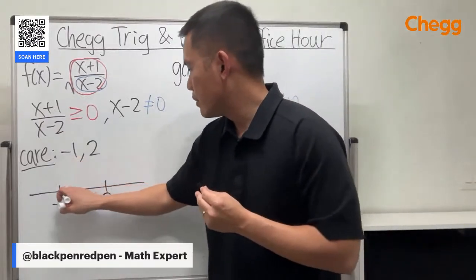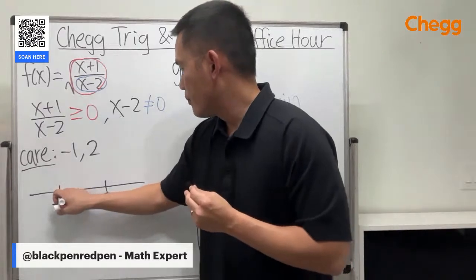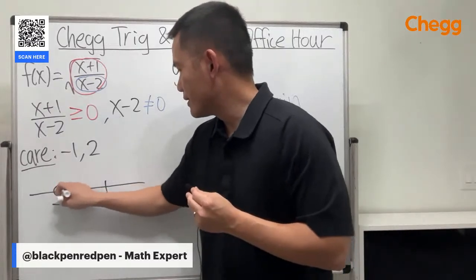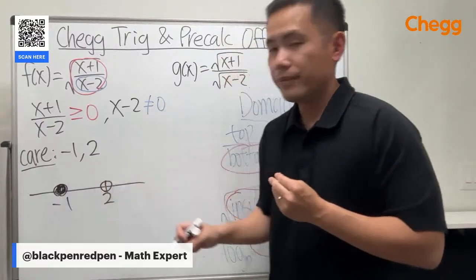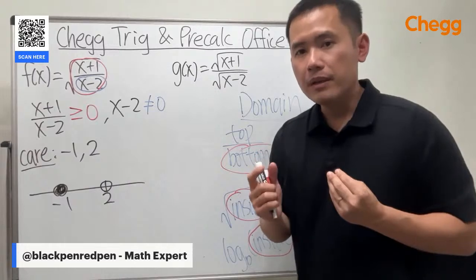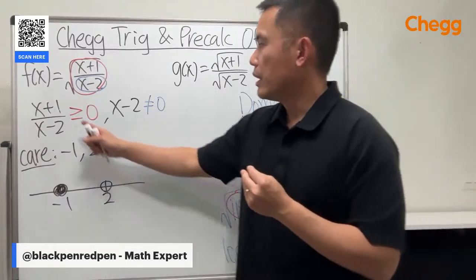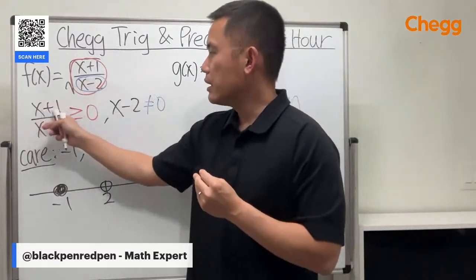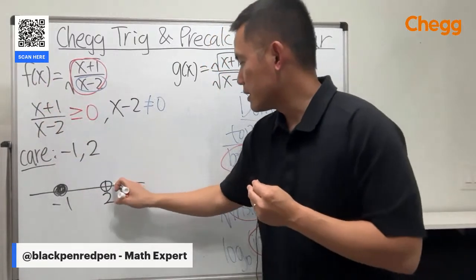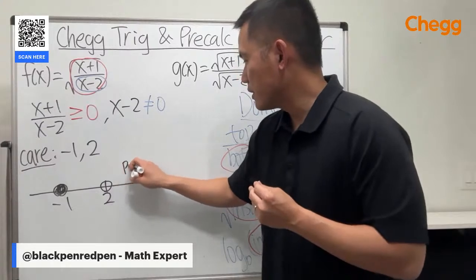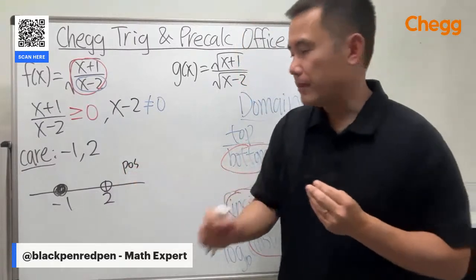We can include -1 right here, so let me put a closed circle. But we cannot include the 2, so open circle. Now, pick a number bigger than 2. Let's say 3. Plug in here, you get 4 over 1, which is positive. That means this portion is positive.